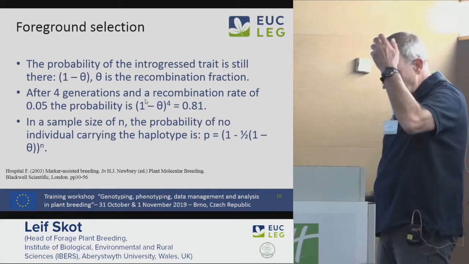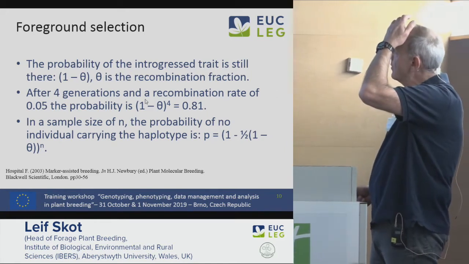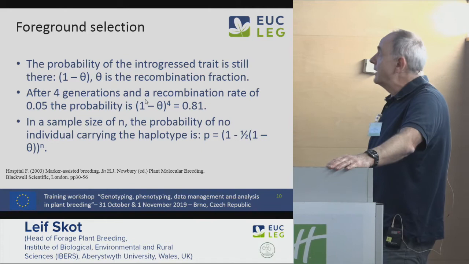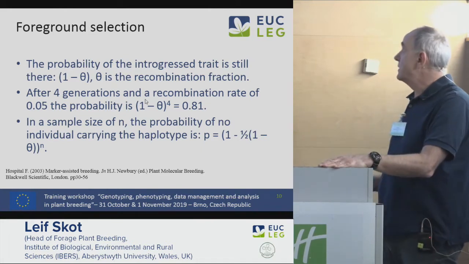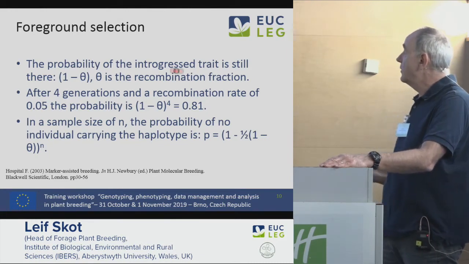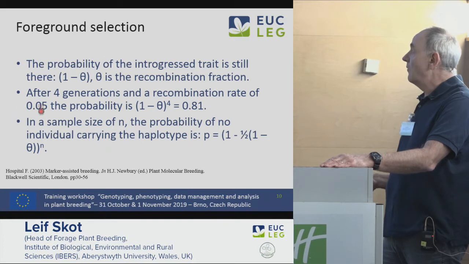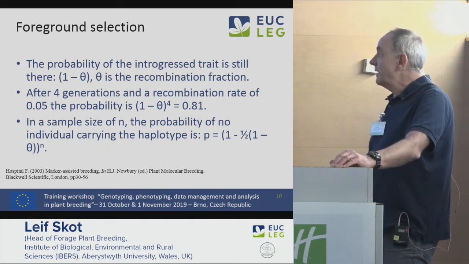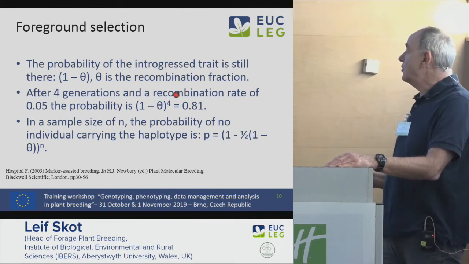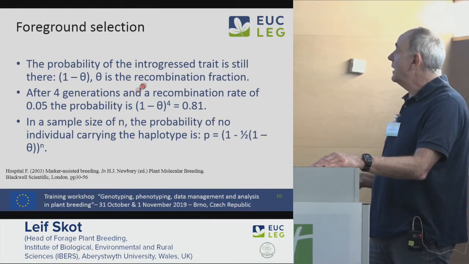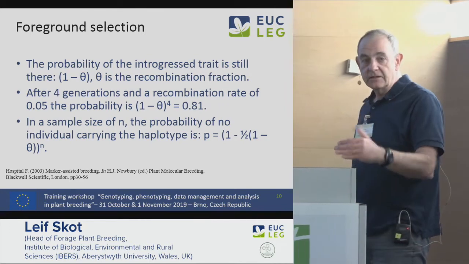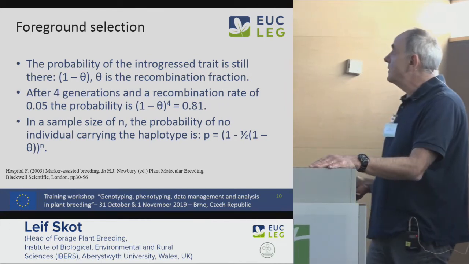For foreground selection, the probability that the introgressed trait is still there is 1 minus the recombination frequency. So if you, for example, go 4 generations down the line and you have a recombination frequency of 0.05, which is low but still there, between the marker and your QTL, then after 4 generations the probability of no recombination is 0.81.